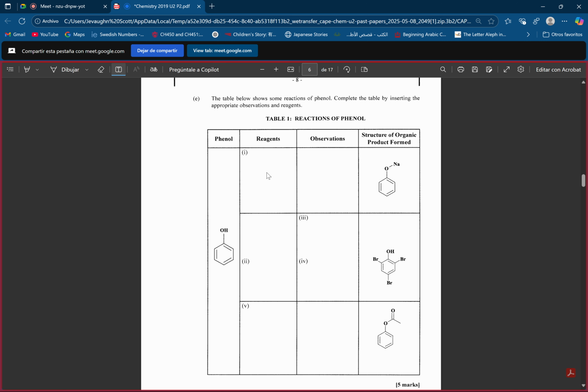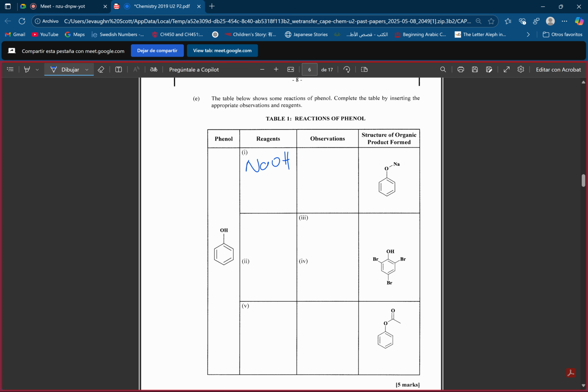Sodium hydroxide. Alright. So using sodium hydroxide, because remember the phenol is slightly acidic, so it will have that neutralization reaction. For the phenol giving us tribromophenol, which is going to be, what?